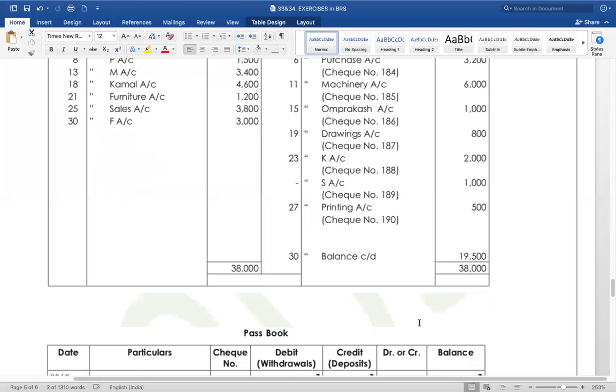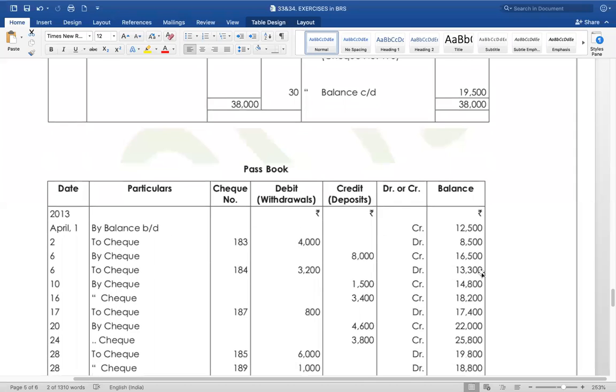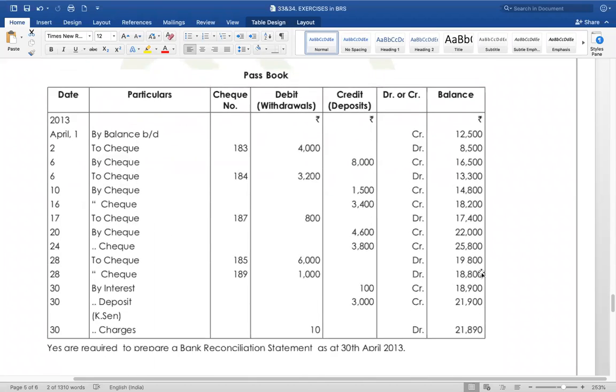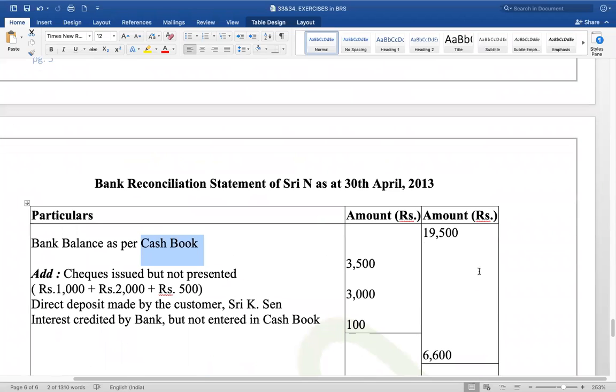That's a closing balance, a debit balance of 19,500. So the first book is the cash book, and the balance as per cash book is 19,500. It's a favorable balance, not an overdraft. It's a balance available.